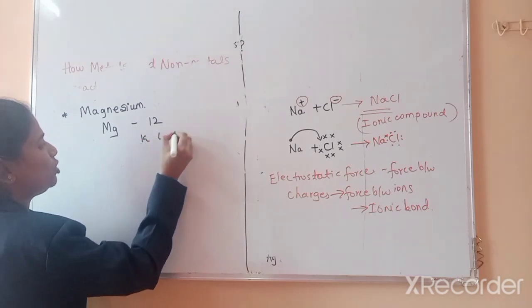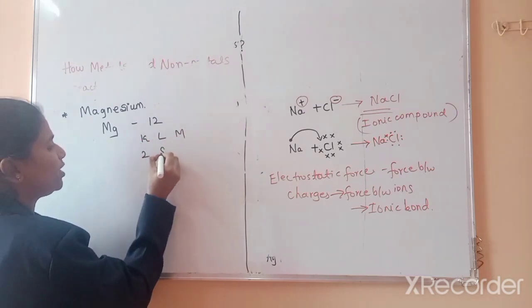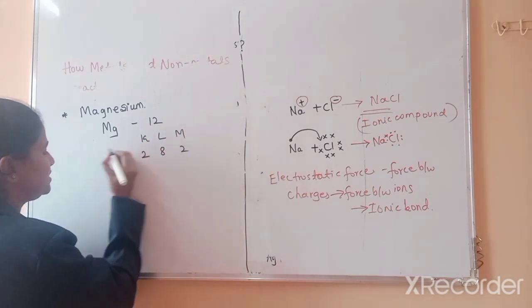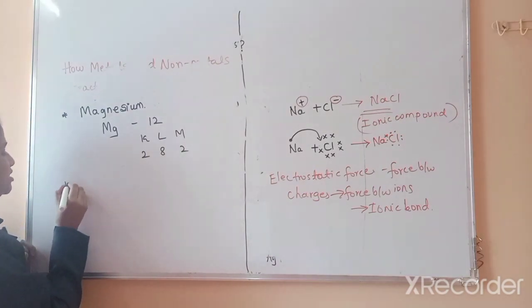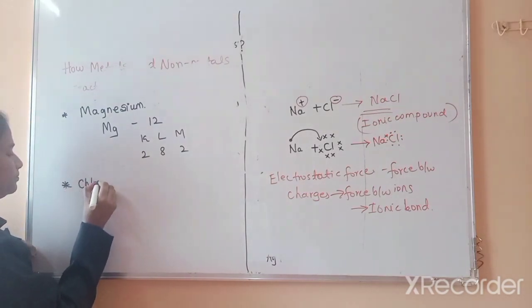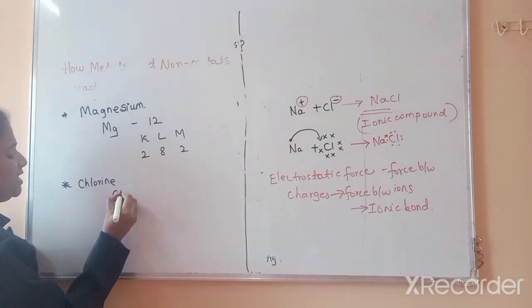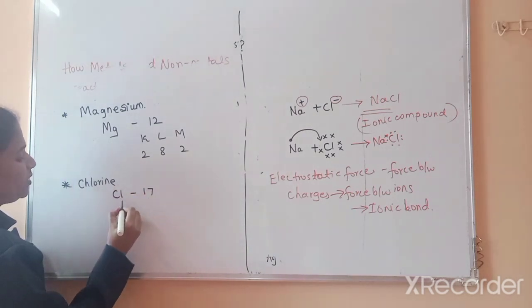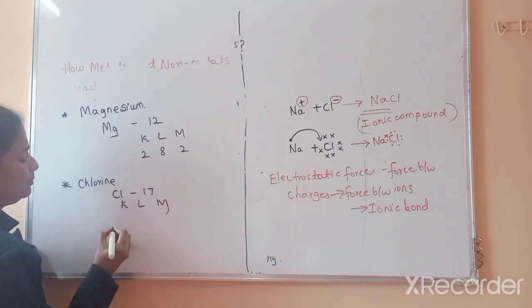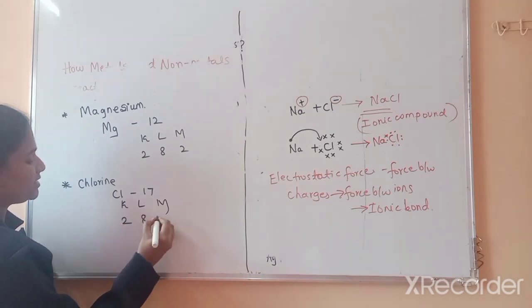So its electronic configuration is 2, 8, 2. Similarly, Cl, that is chlorine, we will take. Cl's atomic number is 17, so its configuration is 2, 8, 7.